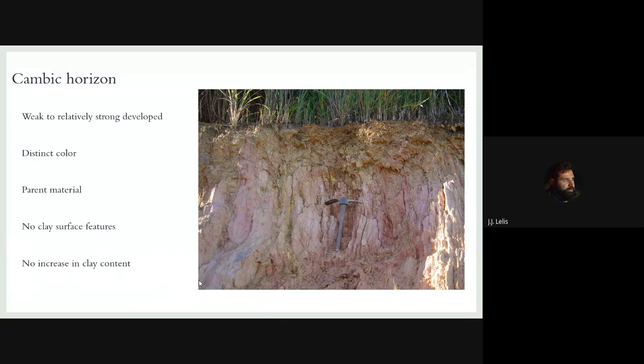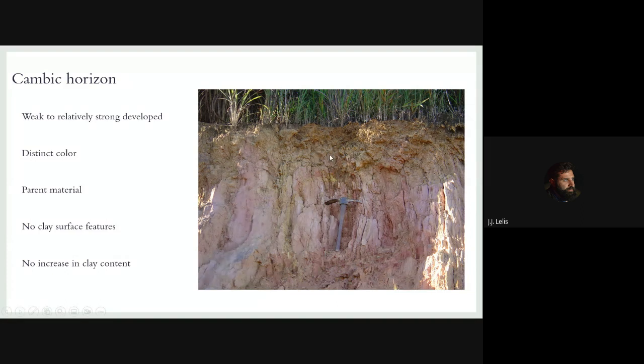So they did not possess any kind of specific soil formation process, only pedalization. So we can see peds, we can see aggregates, we can see specific color, and this color is different from the C horizon or different from the parent material, but the B horizon did not possess any kind of other specific soil property.